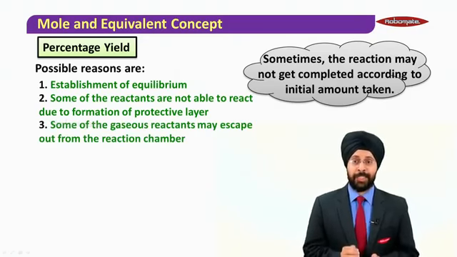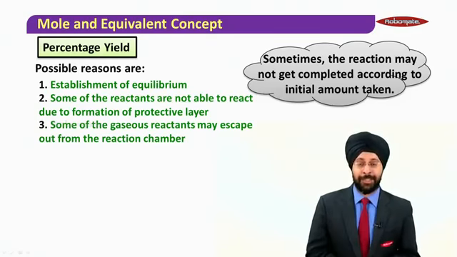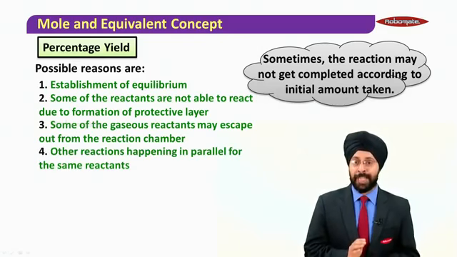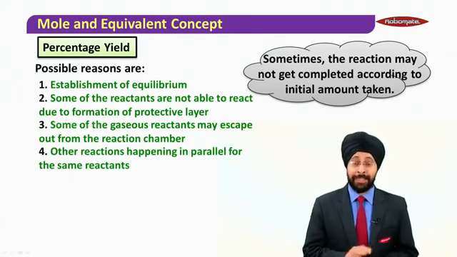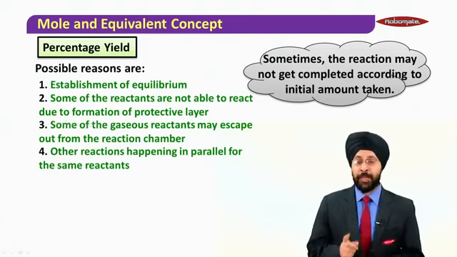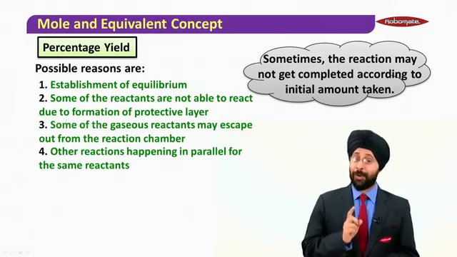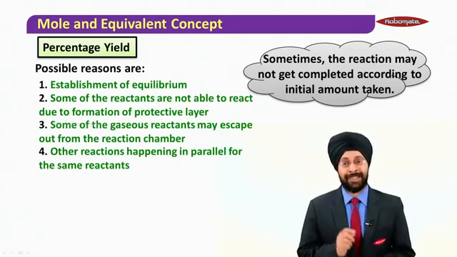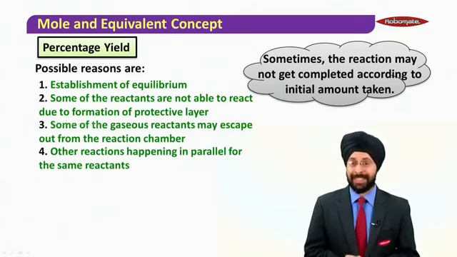Now the third possible case would be when we take gaseous reactants, they may simply escape out of the reaction chamber and will not give you the products. And the fourth possible reason can be other reactions happening in parallel for the same reactants. जैसे अभी तक आपने पढ़ा N2 and H2 can give you ammonia NH3, but they can also combine to give N2H4, which is called as hydrazine. So you may not get ammonia in total that you are thinking.